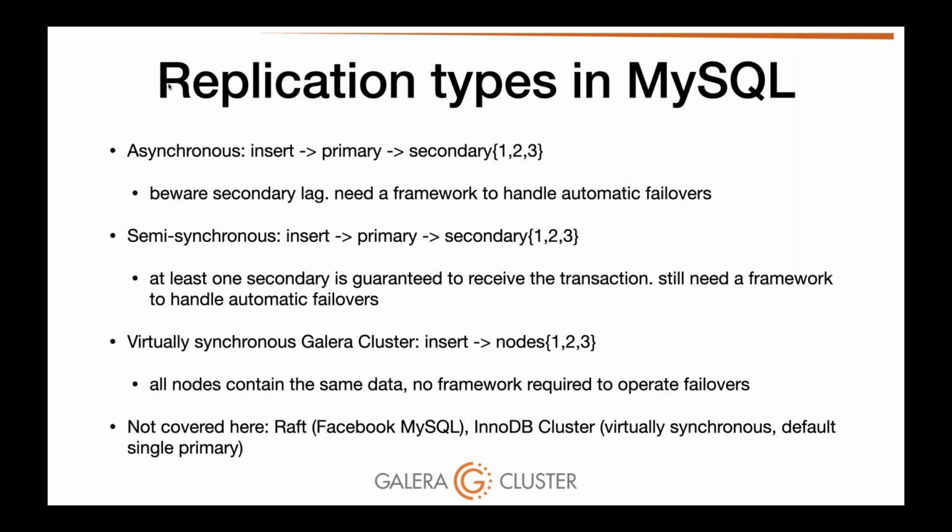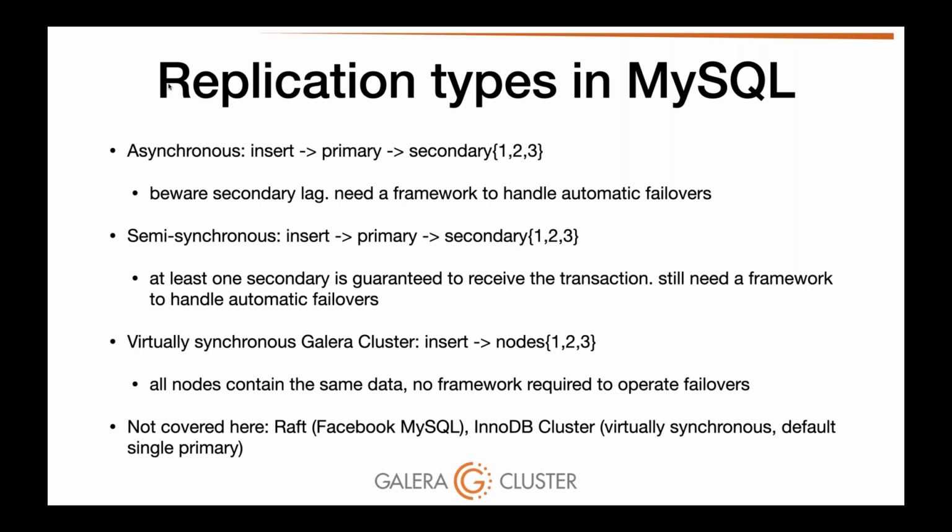You do not need any framework to operate failovers because all failovers happen automatically, and all nodes will contain the same exact data as well. So it is generally very useful for you if you have a high availability setup and requirements.